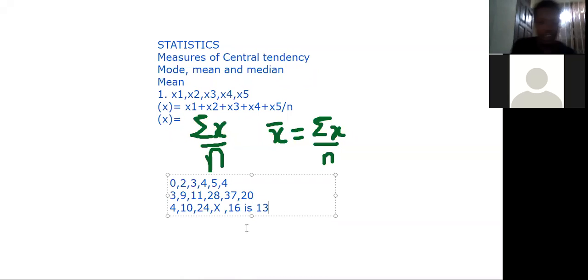So the average of these 5 numbers is 13. Find the value of x.